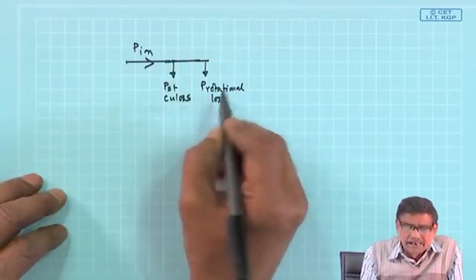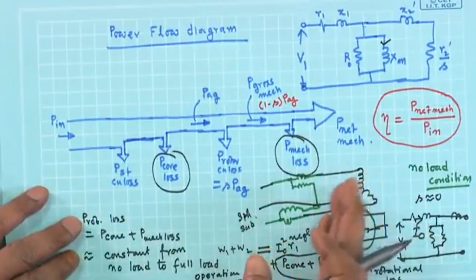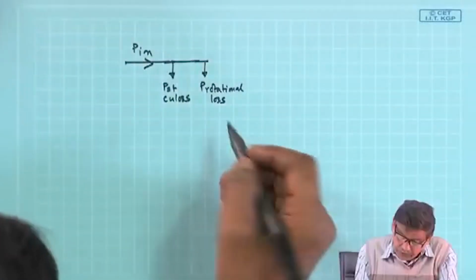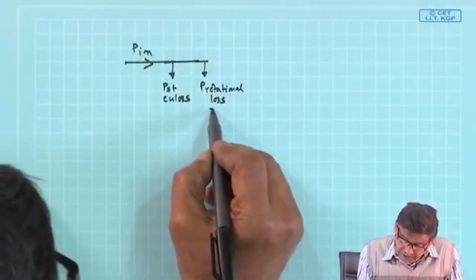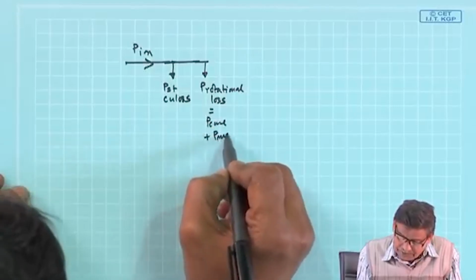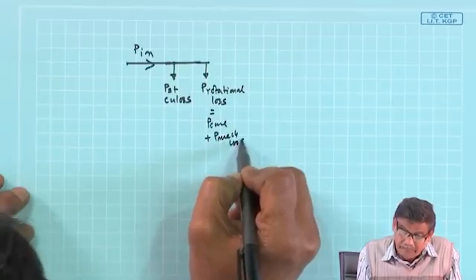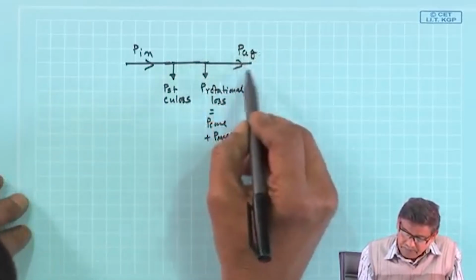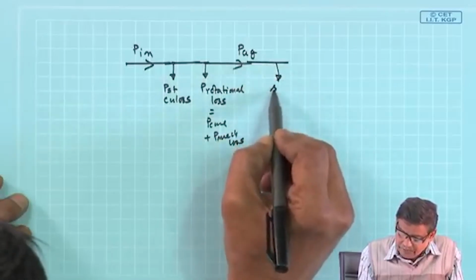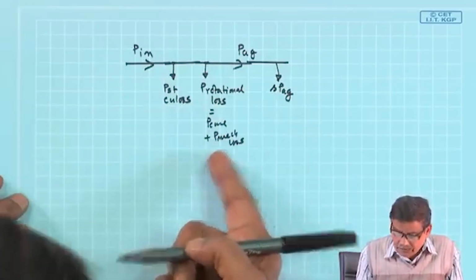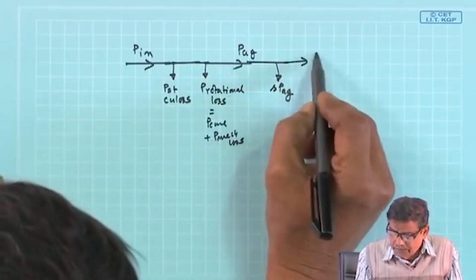For that you will be making some mistake, because this is the exact thing. A little mistake does not matter. So, P rotational loss is equal to the sum of core plus mechanical loss. Then you say this is PAG, then this is SPAG. Then since mechanical loss you have already taken into account, you say this is P net mechanical.